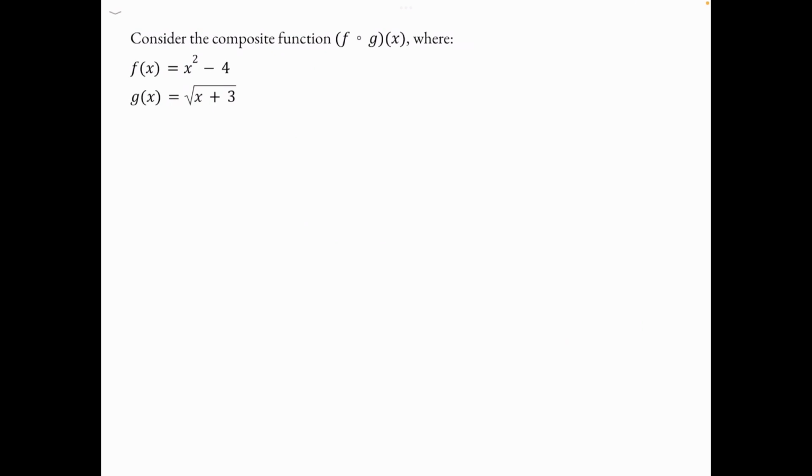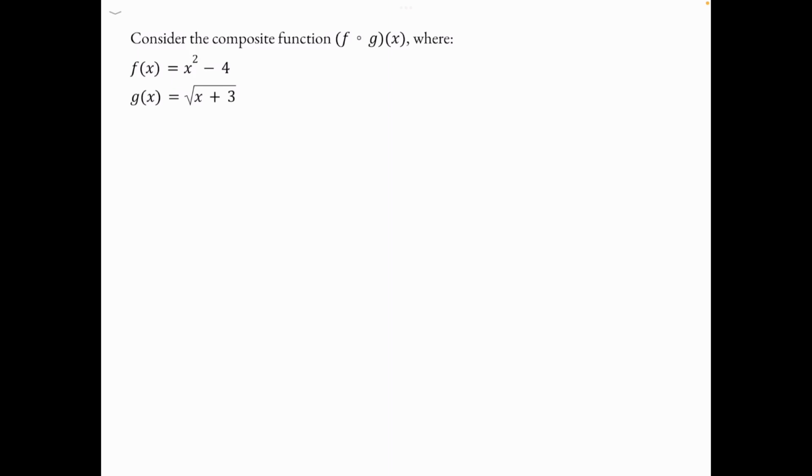Now, how do we find the domain and range of a composite function? Let's walk through an example to understand this. Consider the composite function f of g of x, where f(x) is equal to x squared minus 4, g(x) is equal to root x plus 3. First, we'll find the domain of g(x). The domain of g(x) is the set of all x values for which g(x) is defined.